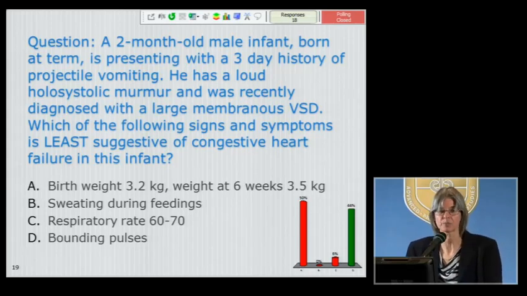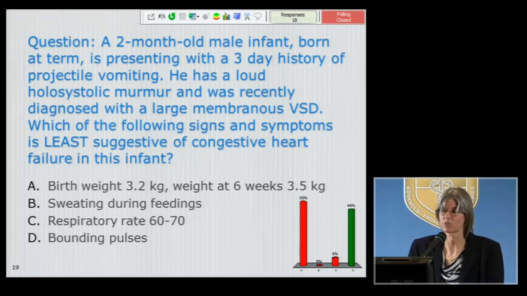Usually for the first week, you lose about 10% of your birth weight, but then you regain it. And afterwards, you gain about 30 grams per day. So in a week, that's about 210 grams. So this baby basically gained in 6 weeks what he should have gained in 1 week. So that's a poor weight gain.